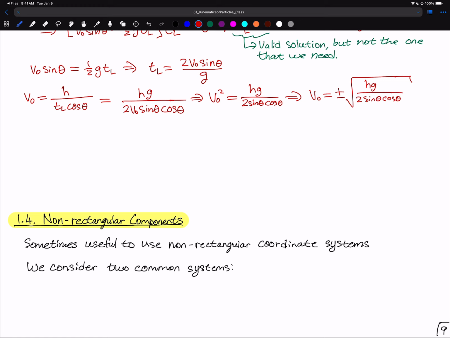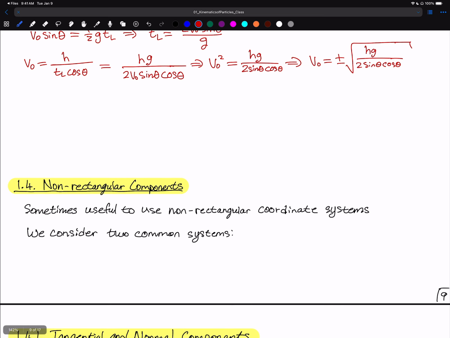Okay, so that is our velocity. That is, we've now found and solved the problem symbolically, and then we'll plug in values to find it numerically. Of course the negative v0 in this case means the car is moving backwards, so we only want to take the positive value.